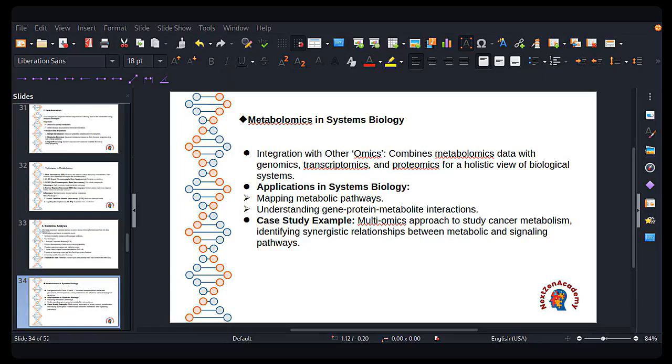We have combined gene, protein, metabolite interaction here, right? हमने अलग अलग उनको combine कर दिया ना, genomics को, transcriptomics, proteomics, metabolomics, सबको combine कर देंगे तो एक system बन गया, तो हमने उसको बोल दिया systems biology. Now the word synergistic, जो interaction होती है ना दो molecule के बीच में, दो agent system के बीच में, उसको बोलते हैं.